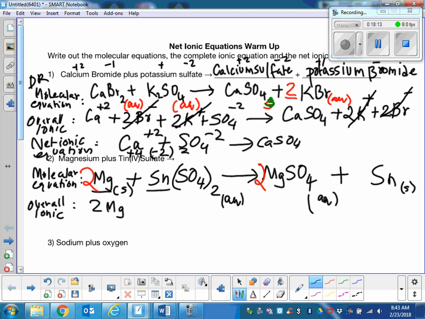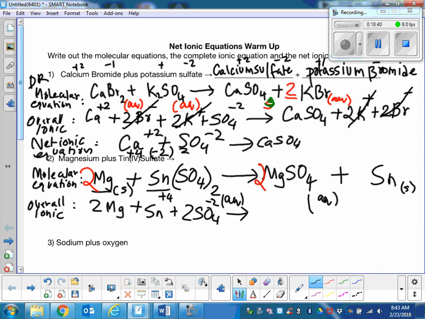Plus, is that aqueous? What do I do with anything that is aqueous? Break it up. So what will Sn in this case break up into? Plus 4. Very good. Plus, how many sulfate ions will it release? 2. 2 SO4 minus 2.